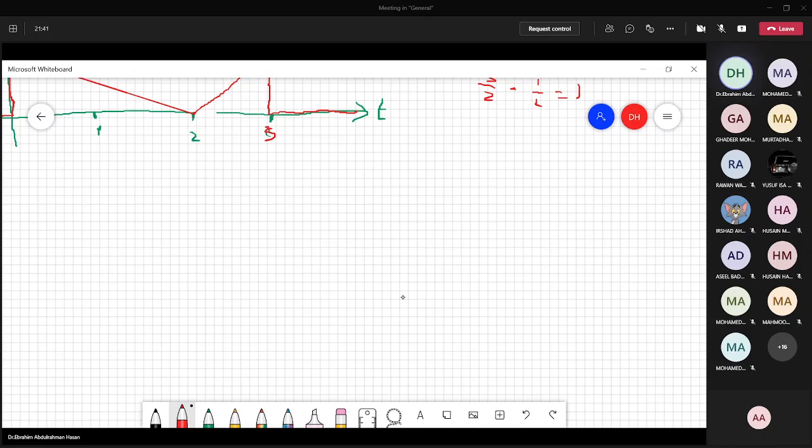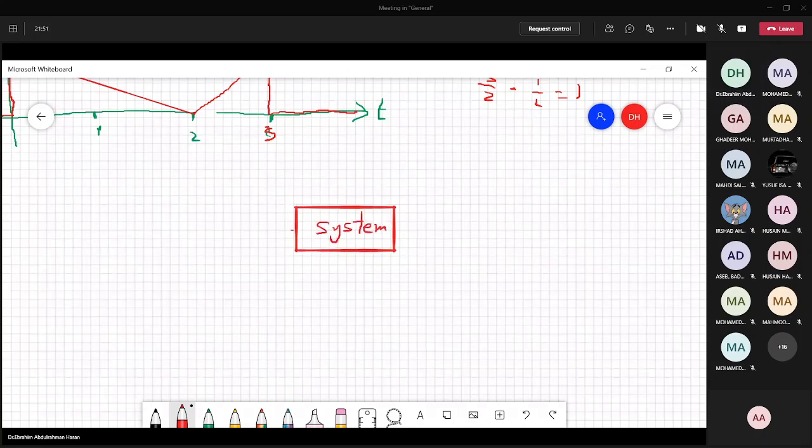Suppose I have a system. So this is my input, x of t, and this is my output, y of t. Step response, we defined it in Circuit 2.